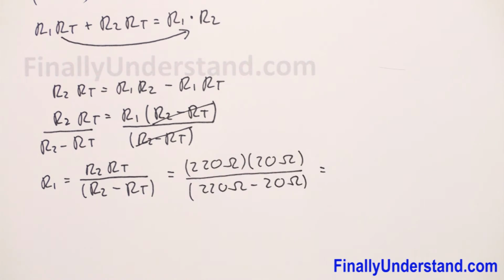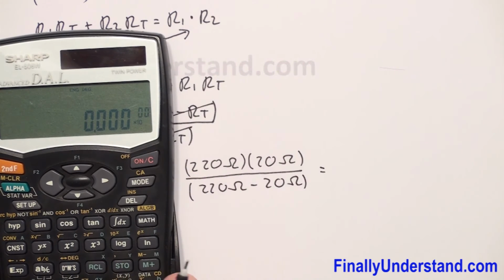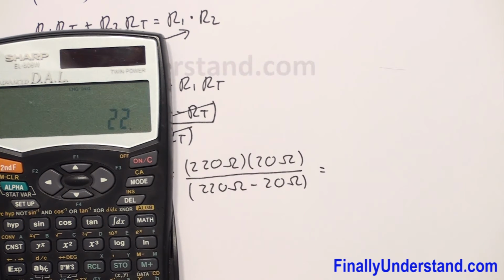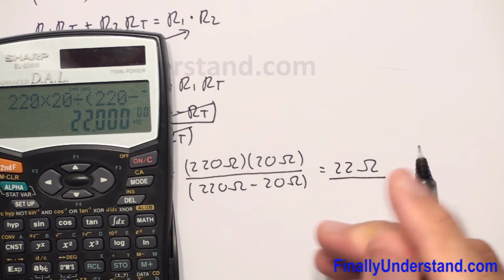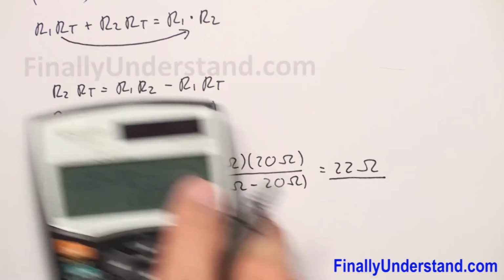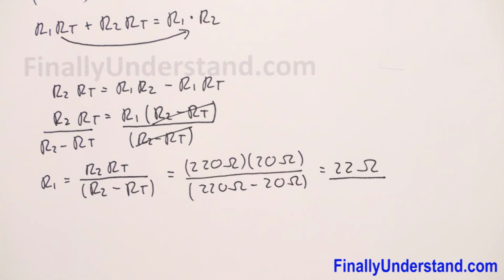This is equal, now we have 220 times 20 divided by open parenthesis 220 minus 20 close parenthesis. This is equal to 22 ohms.